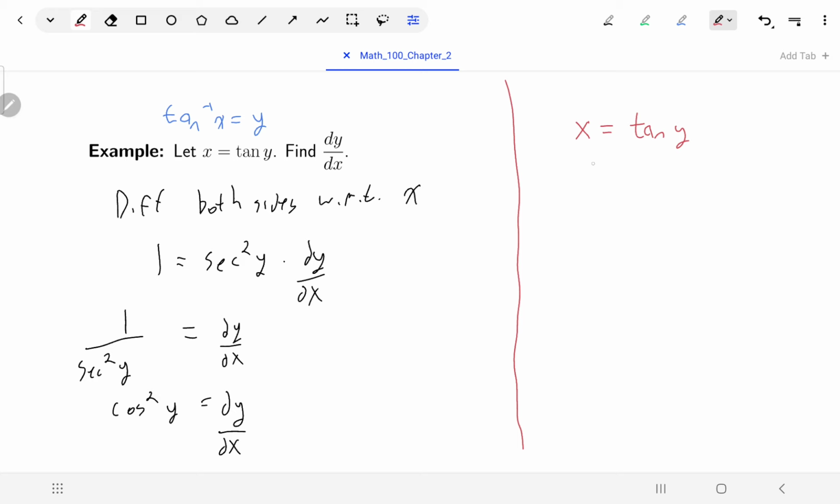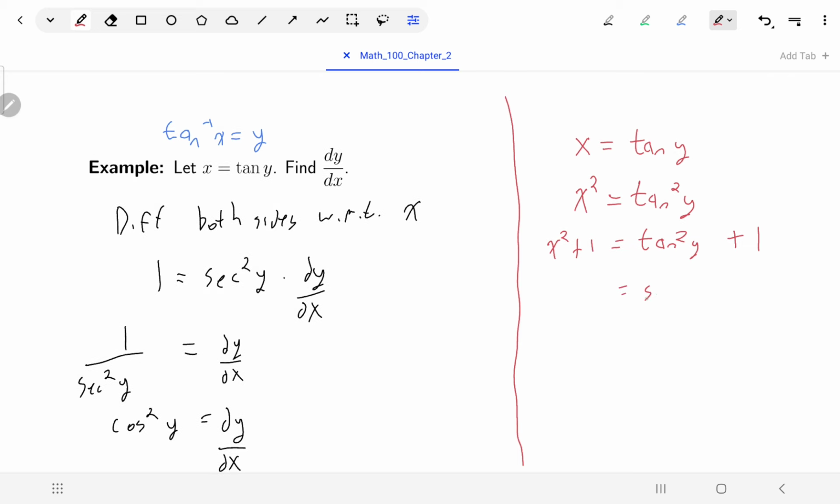So I'm going to start with the equation x is equal to tangent of y, square both sides, so x squared is tangent squared y. I'll add 1 to both sides, so I have x squared plus 1 and tangent squared y plus 1.